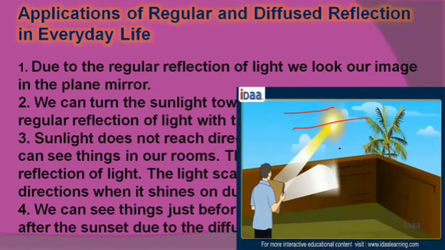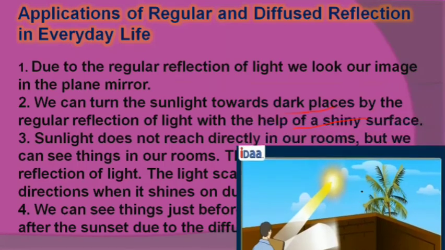How can we do this? When the sun is coming, we take a mirror and keep it in the path of the light, and then we strike it on any place. So we can bend the direction of the light to any other surface in the dark as well.